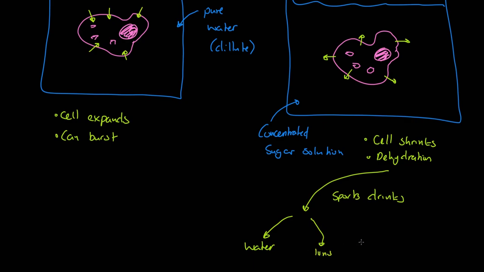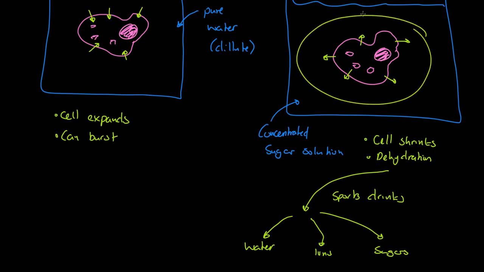Sometimes we call them electrolytes. And it's also going to incorporate things like sugars, which have been used up in respiration. And the reason for that is to prevent dehydration happening by making sure that we maintain as close as possible to an equilibrium state so that the cell structure can remain intact, and osmosis is not going to ultimately shrink down that cell into a shriveled nothingness.